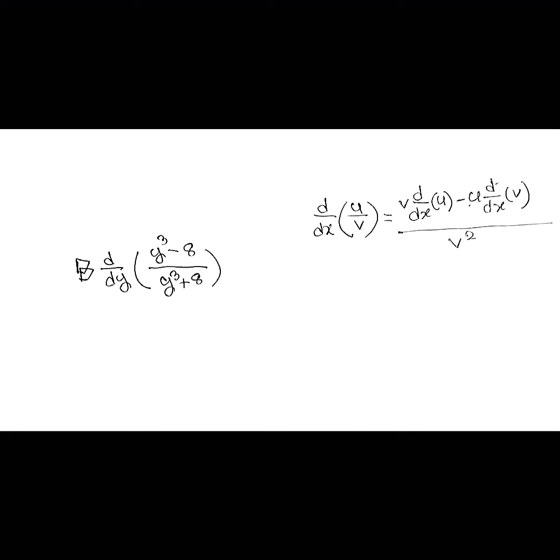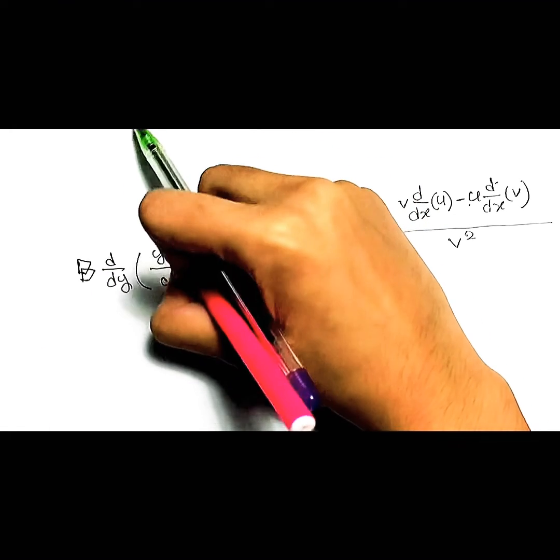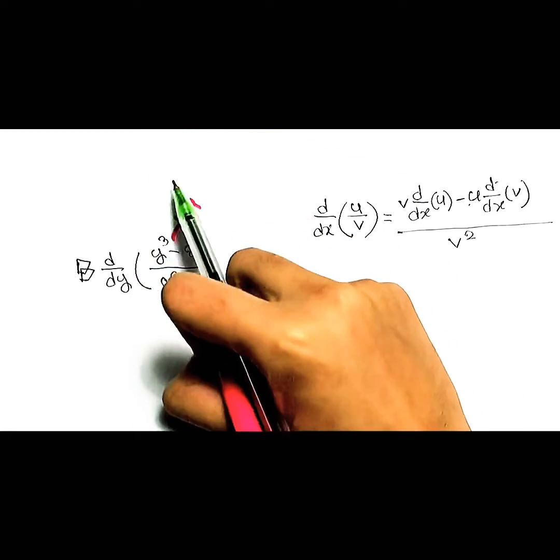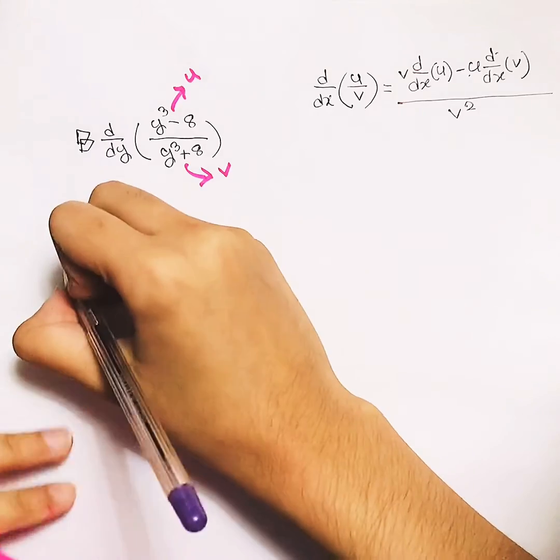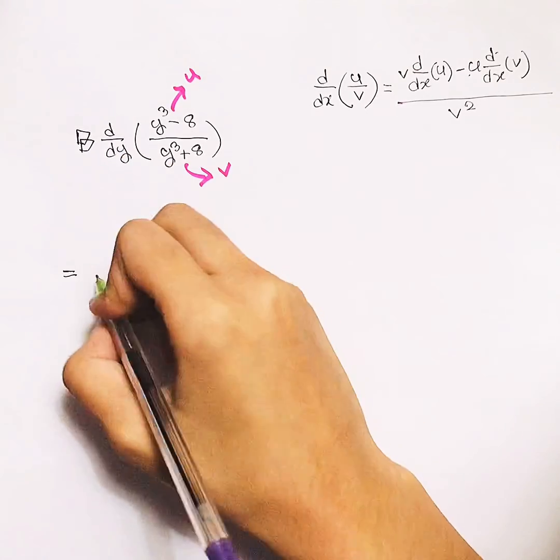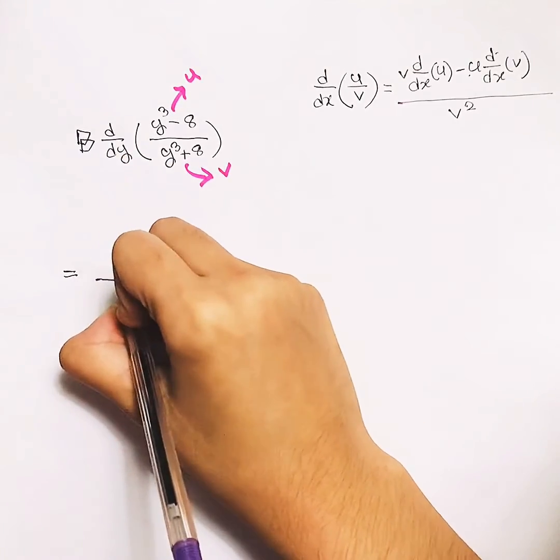If I apply this formula over here, as I said earlier my numerator will be U and my denominator will be V, so this is my U and this is my V. Now let us see what my differentiation becomes.